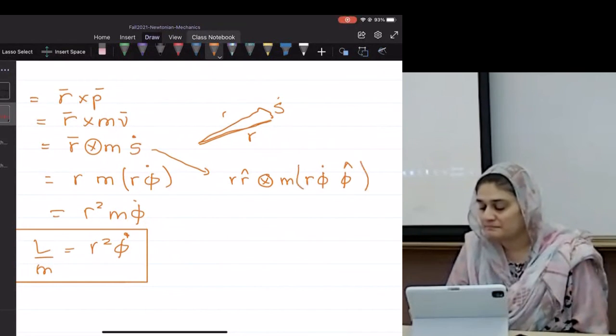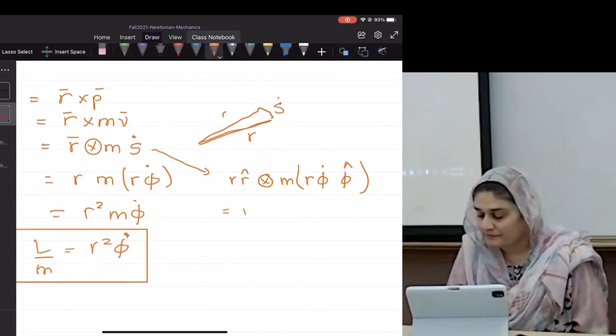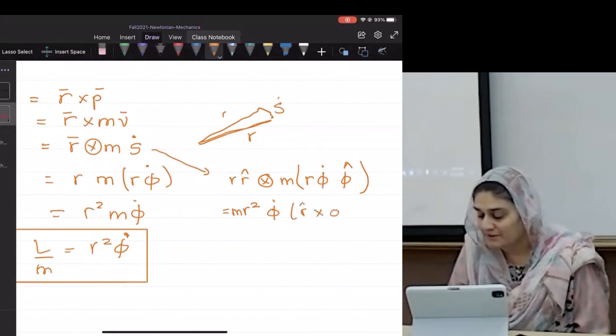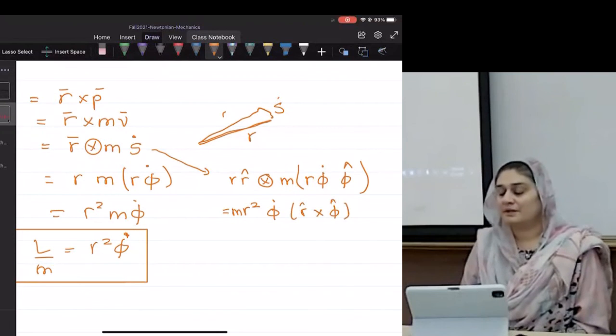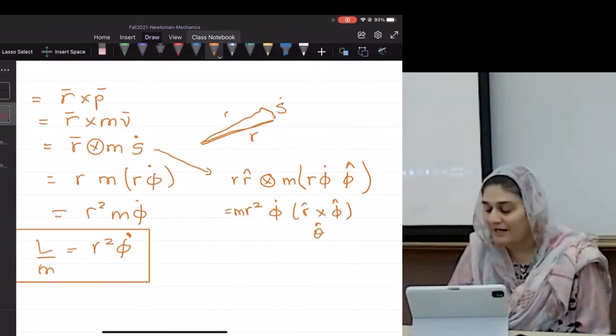Agreed? Yes. Okay, then I can do r squared m φ dot r hat minus that, which is just θ hat, and the magnitude of θ hat is 1.